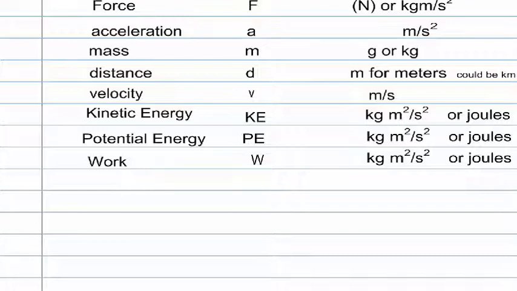And you can see right here, F is the symbol for force. M is the symbol for mass. And A is the symbol for acceleration.